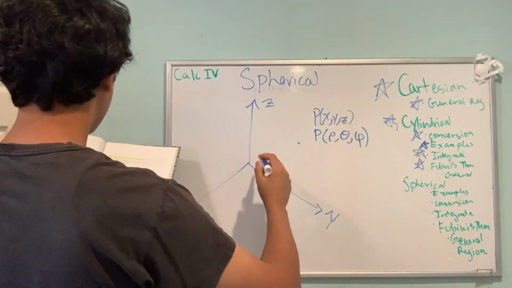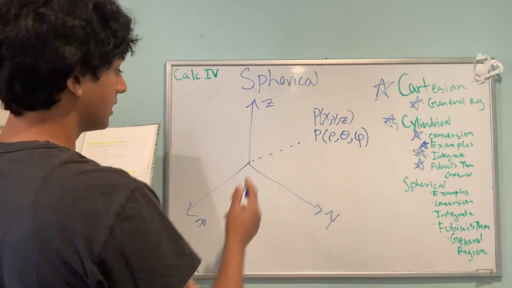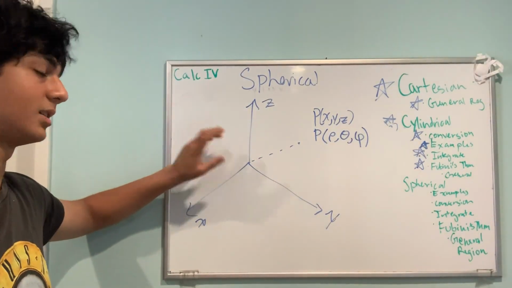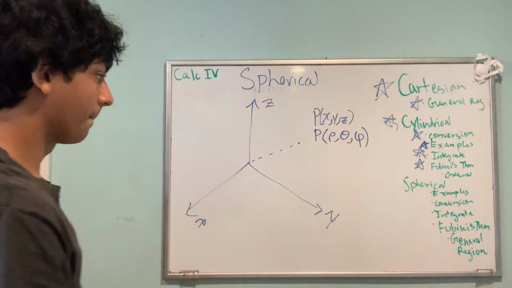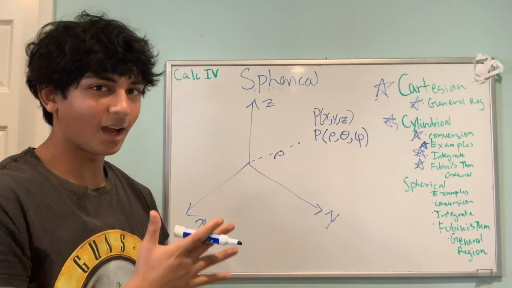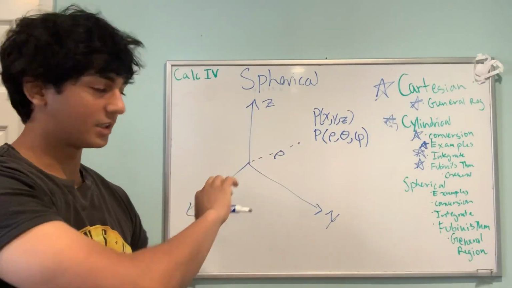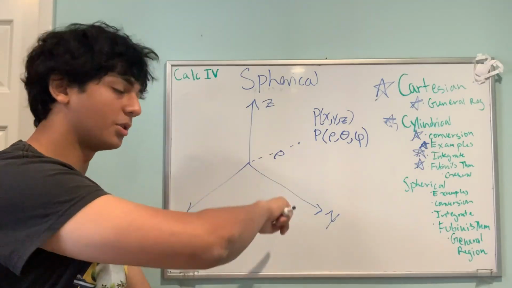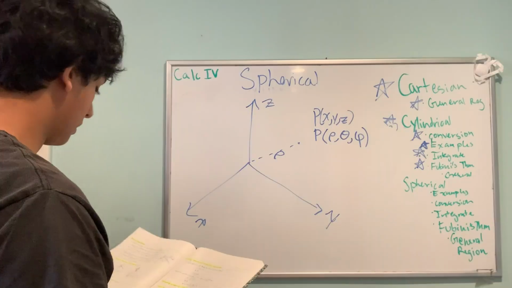Now if we want to define these, we can say that this here, the distance from the origin, which is located at 0, 0, 0, to our point, this length is equal to rho. So kind of like polar coordinates, but it's up. It's the actual magnitude of distance of the point, not just the projection onto the xy. So a little different.